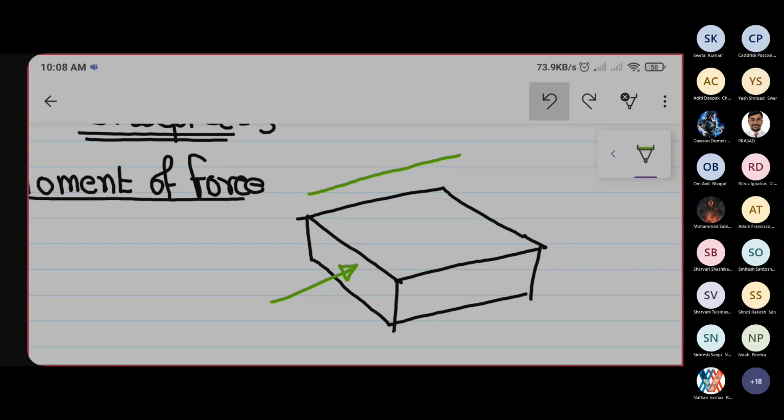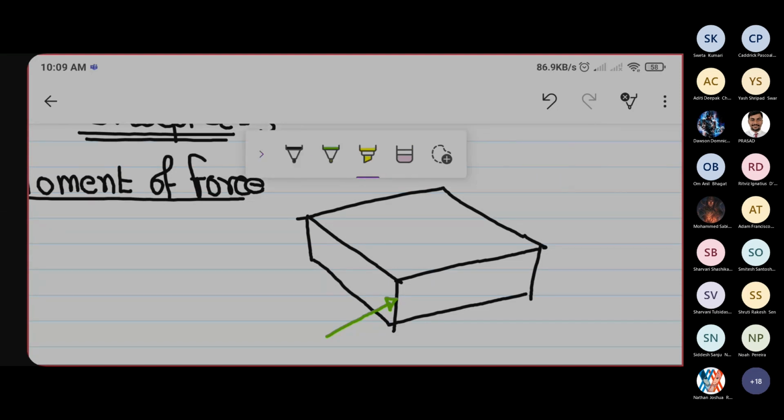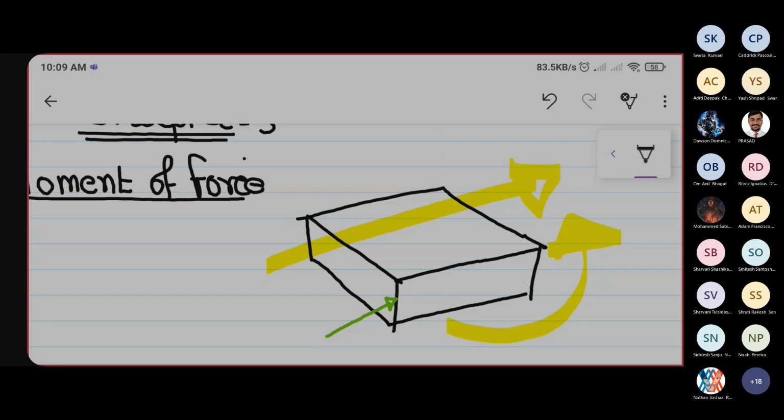Now, by mistake, you apply the force at one of the corners or near the corner. Now what will happen? Will this body move in this direction, or will this body start rotating? What do you think? Tell me. Option number 1, option number 2.